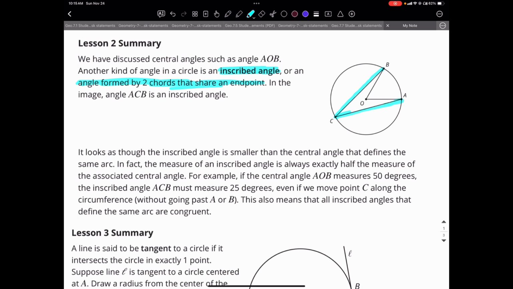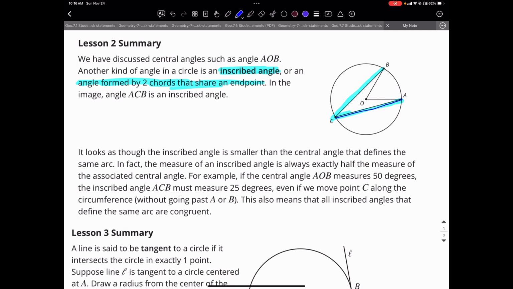Notice the vertex of that angle is on the circle, and the points where the arc is created are also on the circle. So it is two line segments that share an endpoint. The angle ACB is an inscribed angle.